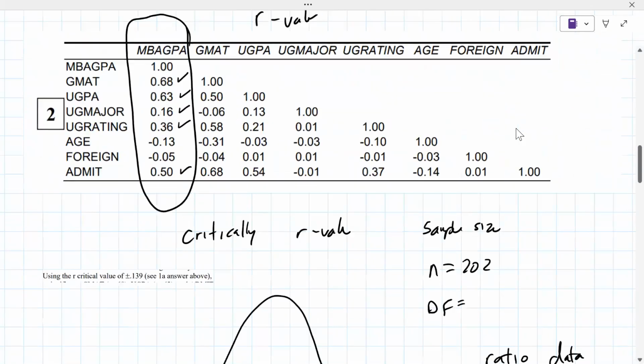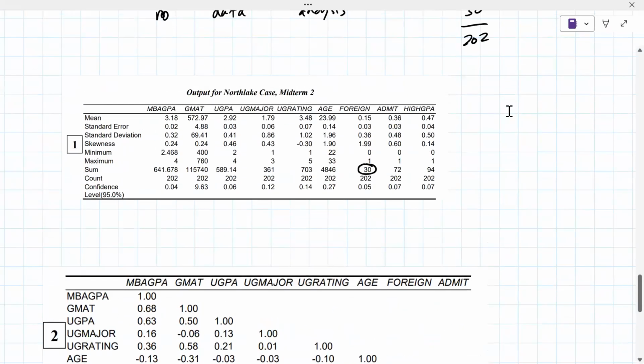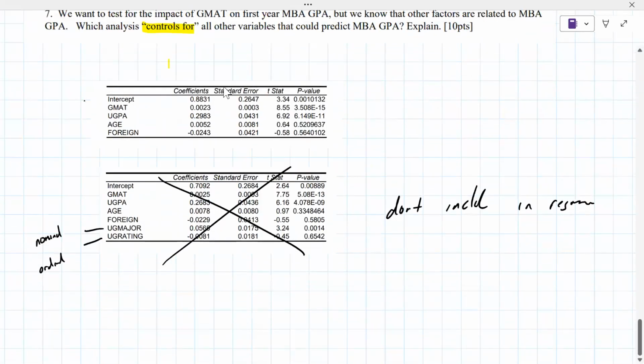Yes. In tables 7 and 8, sorry, I'm way down here, the p-value for GMAT is -15. So it's significant. Same down here. But the whole analysis is wrong, because you don't include nominal and ordinal variables in your regression analysis. Okay. The analysis that controls for all other variables is multiple linear regression.